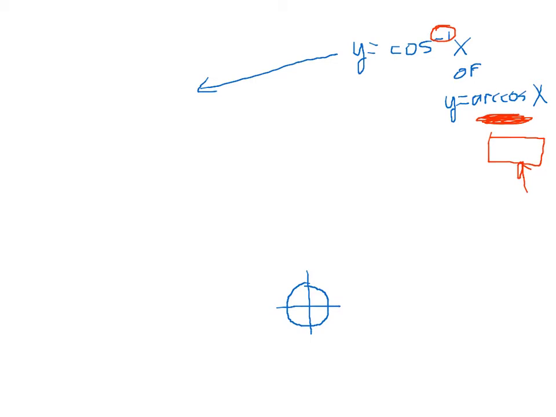Now the inverse cosine function is similar to the sine function, except what we're dealing with is finding the x-coordinate, or given an x-coordinate, find the angle. So arc cosine deals with the x-coordinate to angle. Inverse sine goes from y-coordinate to angle.